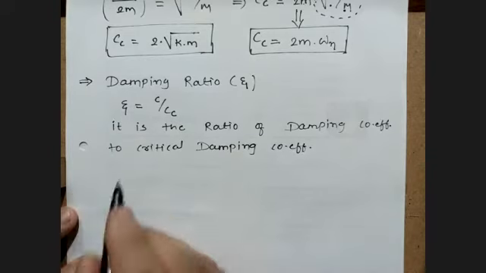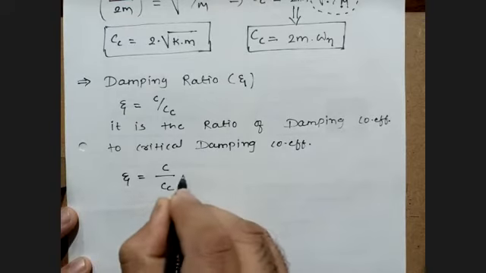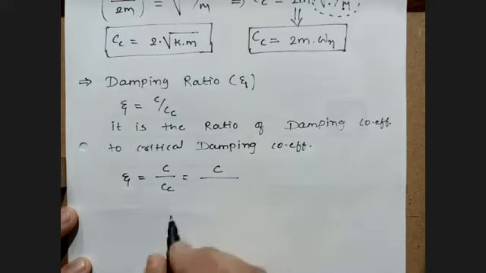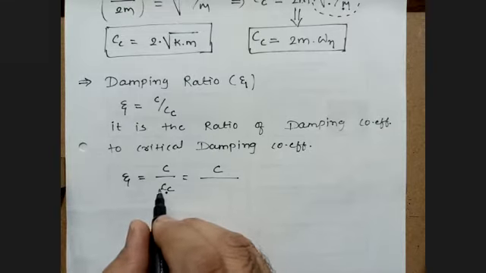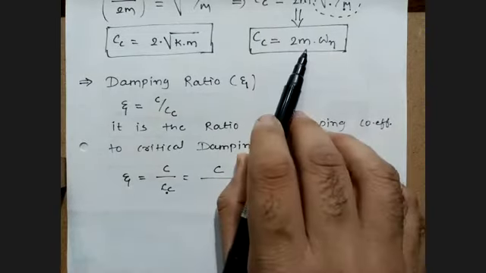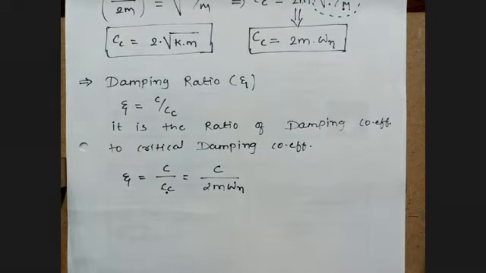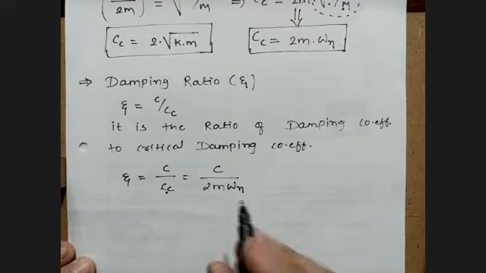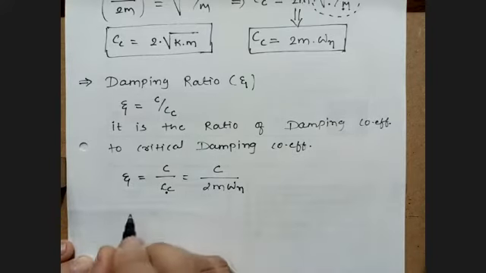So here you can see zeta is equal to C divided by Cc. Now C is the damping coefficient, Cc is the critical damping coefficient. We have this equation, 2m omega n, which is nothing but the equation of Cc here, right? So from this, what we can get is that omega goes over to this side.